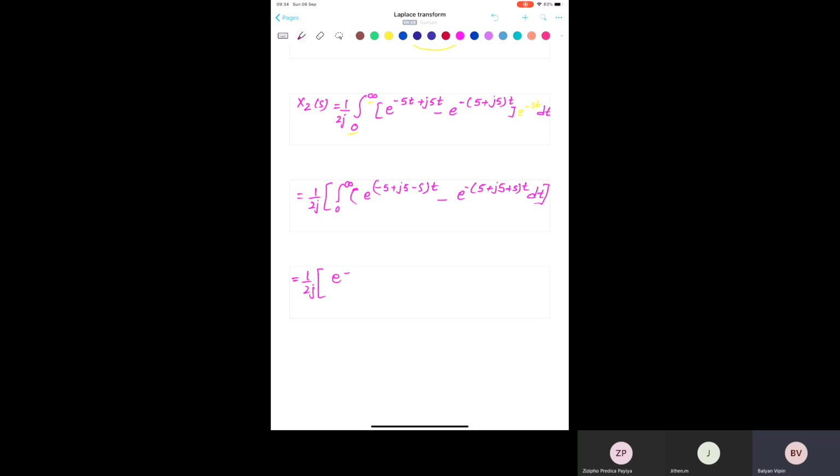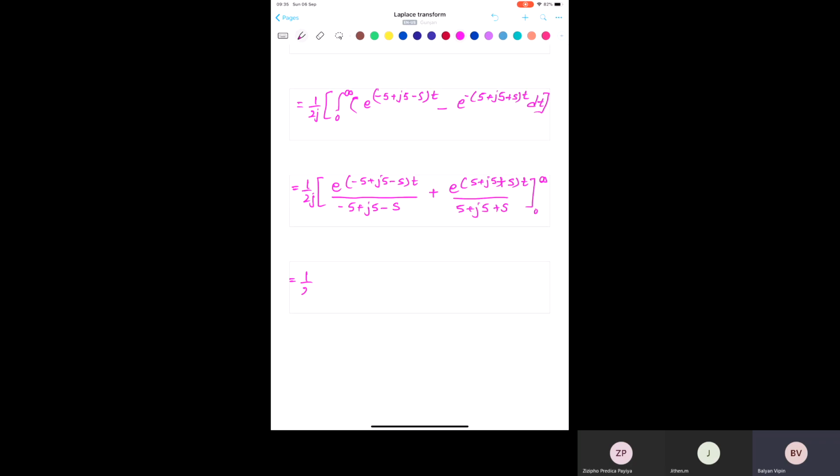So it will be, from 0 to infinite, equals to 1 upon 2j.